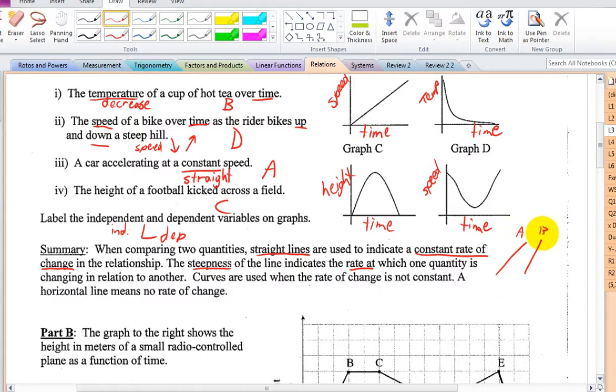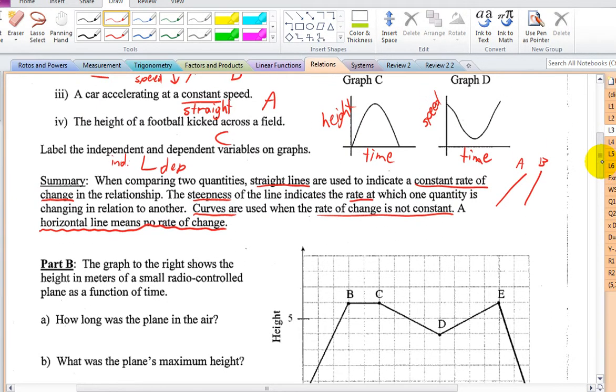Line A or B? B is steeper, so B is changing faster. Okay. Curves are used when the rate of change is not constant. So we talked about increasing or decreasing. Now, a horizontal line means something's happening, but there's no change. Okay? So there's no rate of change, it's just constant. Any questions?